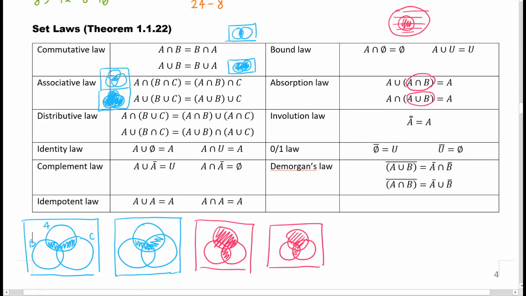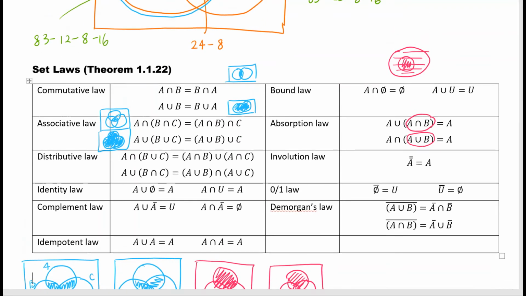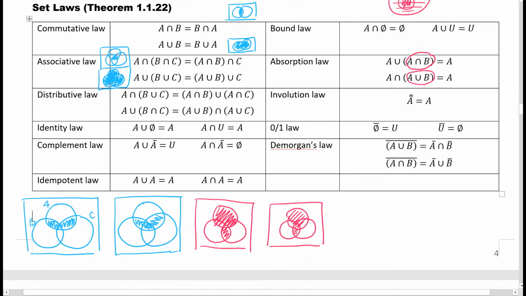First of all, A union B complement. Sorry, sometimes my computer is slow.